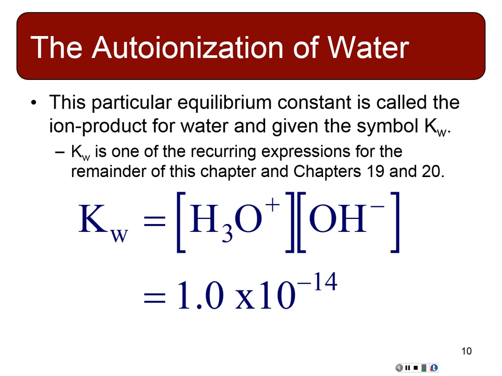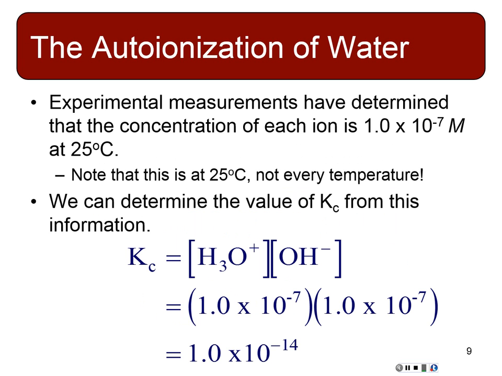When you experimentally test this out and you take pure water and find the concentration at room temperature, though this changes if you change temperature, you determine that the concentration of hydronium and hydroxide is exactly equal. Each has a concentration of 1.0 times 10 to the negative 7.